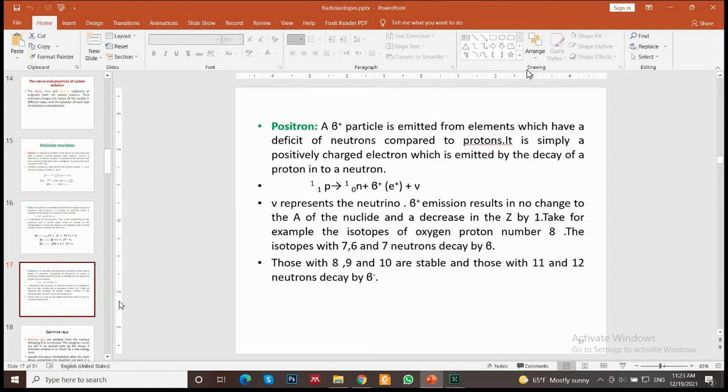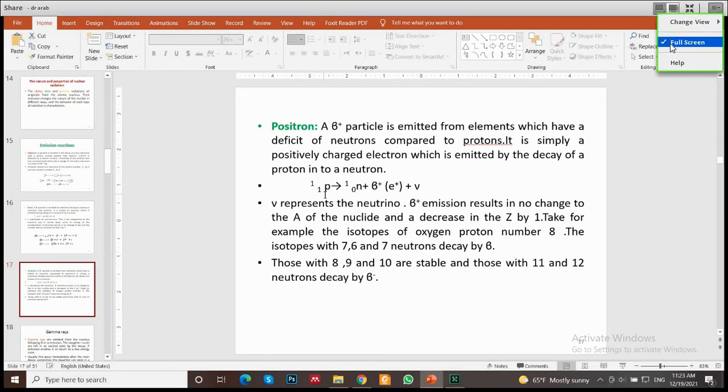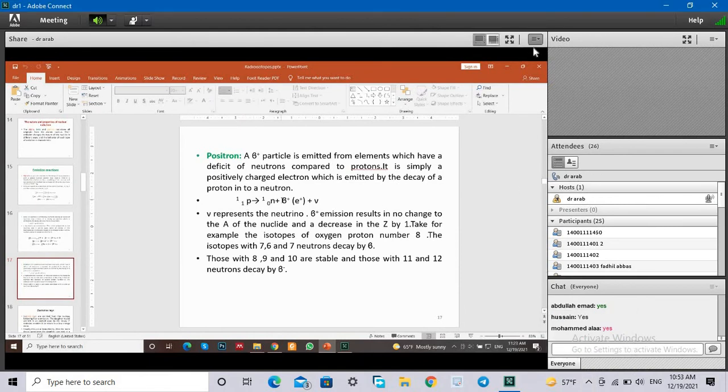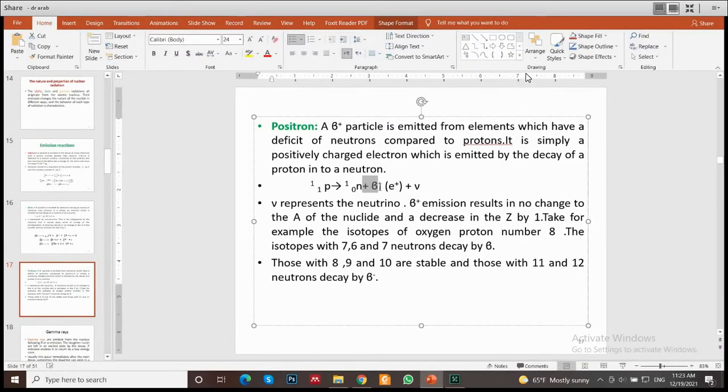Again, here we have a neutrino to maintain the energy conservation. And it is important to know in positron emission, we have a radionuclide whose number of protons is very much higher than the number of neutrons, and with converting one proton to a neutron, we can have a positive beta or positron particle.